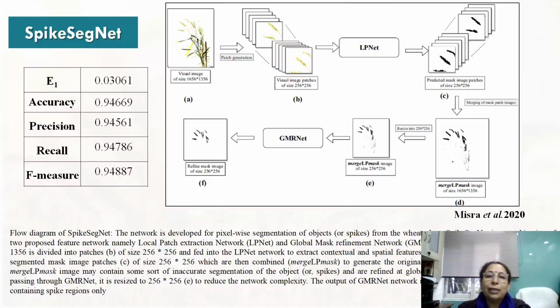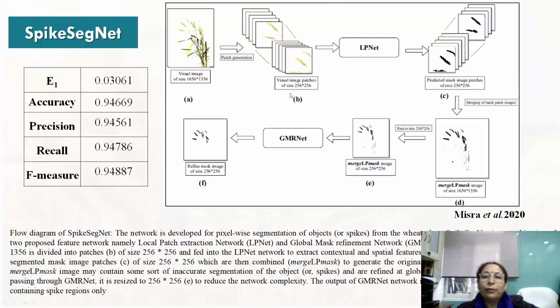Therefore, different patches are generated from the image. The reason is that our aim is to extract the features related to the spikes, so for efficient learning this patch generation has been considered. The image has been divided into patches of size 256 by 256 in order to learn more features from the images.